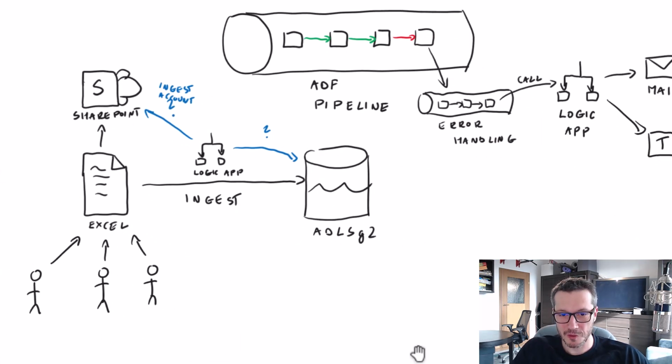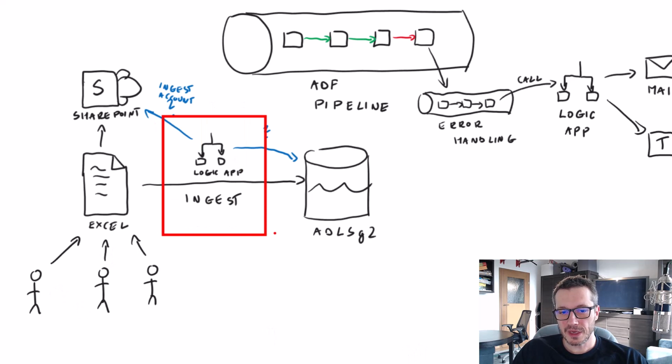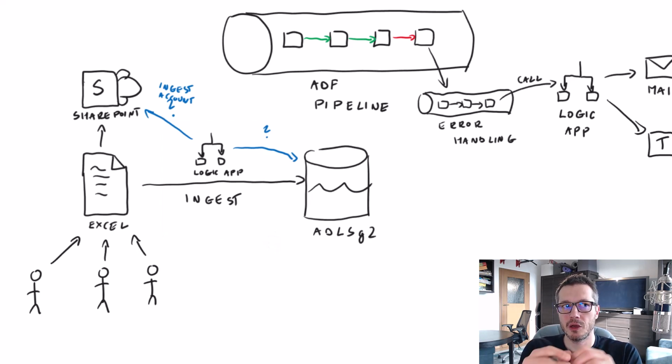What we did was to create this very simple Logic App that used out-of-the-box connectors to SharePoint and to a data lake, and was able to detect whenever a file was changed in the library and then just drag the file, copy it, and dump it into a data lake. Very simple. And then once we already have the file inside our data lake, we can proceed with other activities on it.